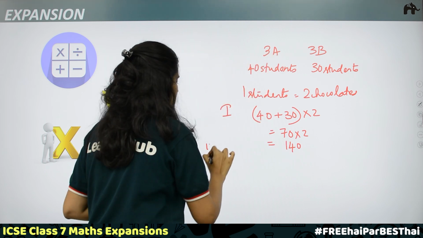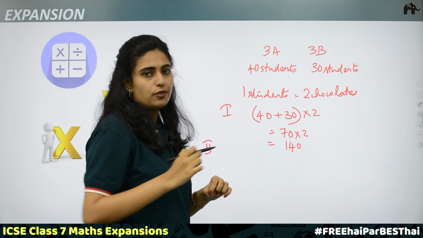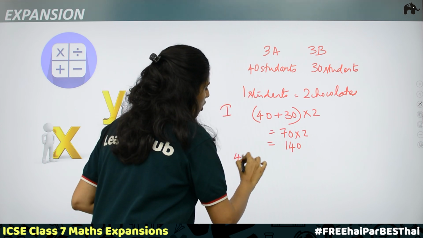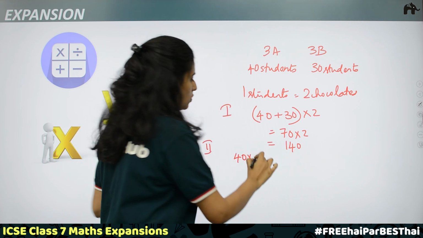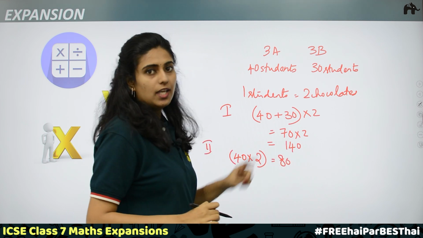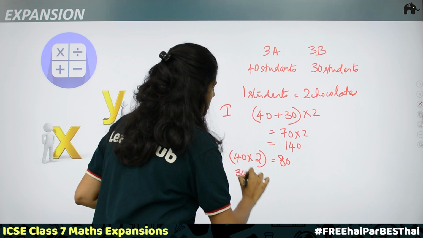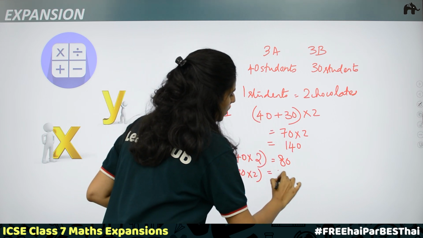The second way is you are going to find the total number of chocolates needed in class 3A. How to find? It will be equal to 40 students into 2 chocolates, which is equal to 80. In 3B, 30 students into 2 chocolates, which is equal to 60.